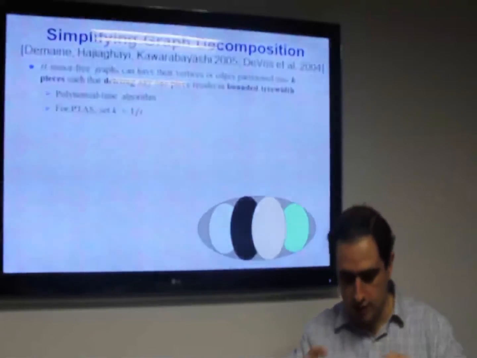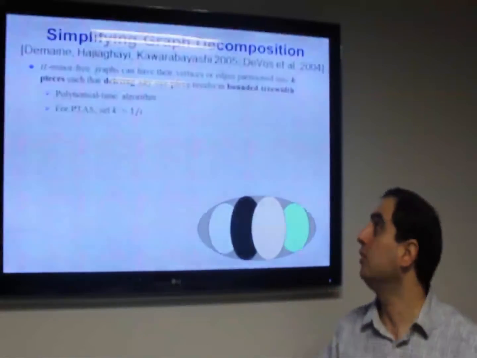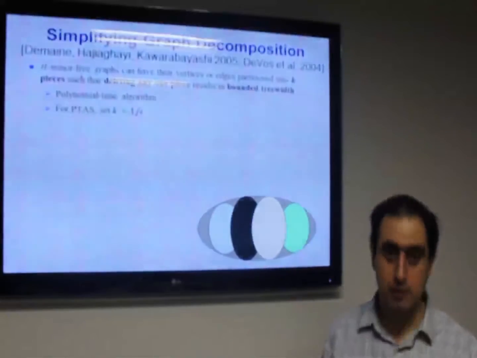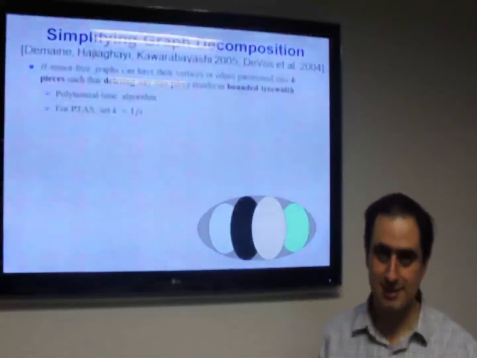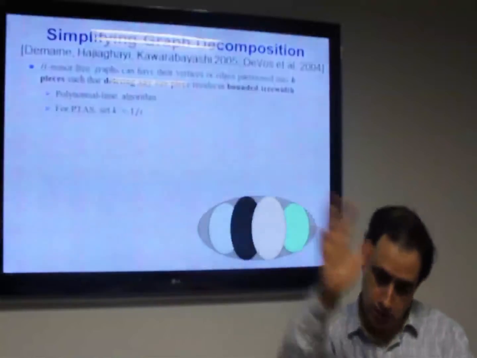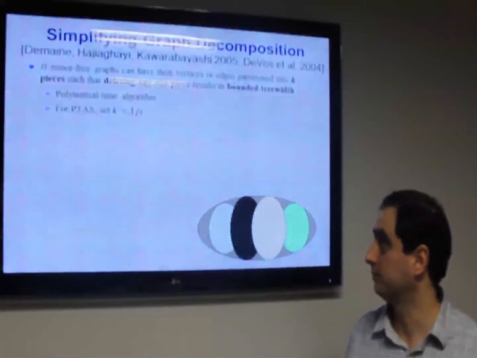So I can partition the edge set or the vertex set into k pieces, such that if you delete any one of these sets in the partition, the other k minus 1, take the union of them, then we have a bounded treewidth graph.